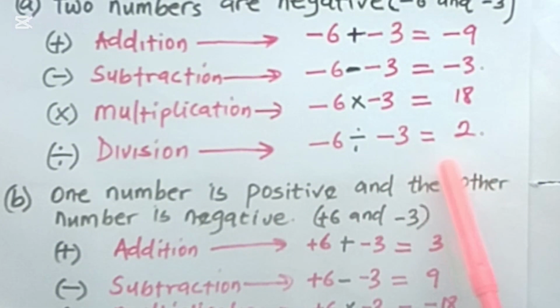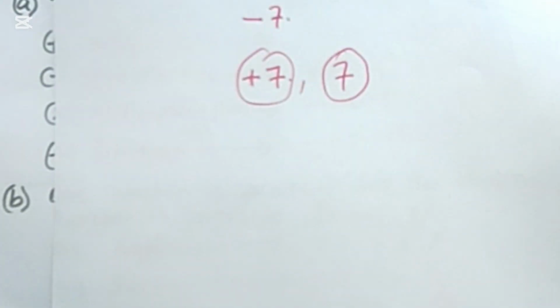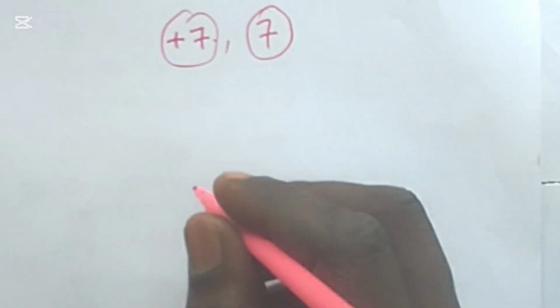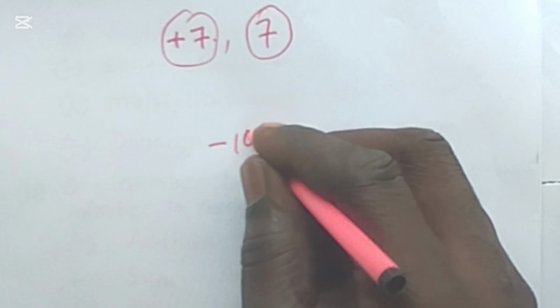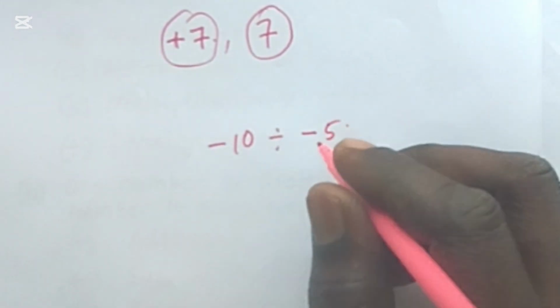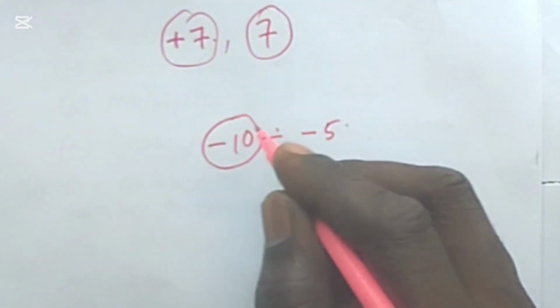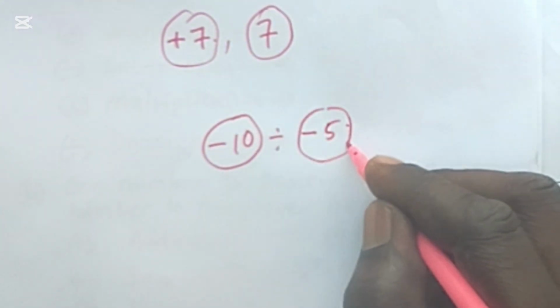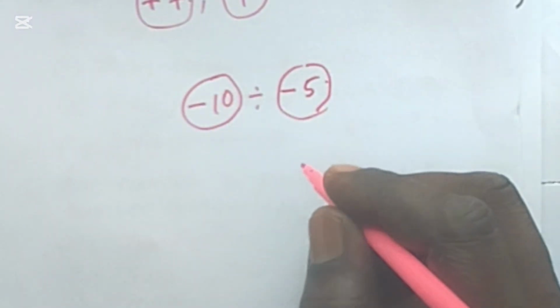This is applicable to every situation like that, where you have two negatives. Remember, for instance, if you have -10 divided by -5, this is a negative number, and this is another negative number undergoing division.